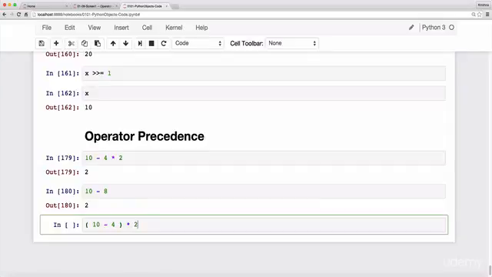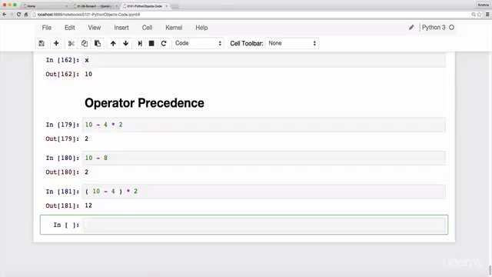Because the parenthesis has the highest precedence, this expression is evaluated first. So what you will get is 12: 10 minus 4 is executed first, which results in 6, times 2 is 12.